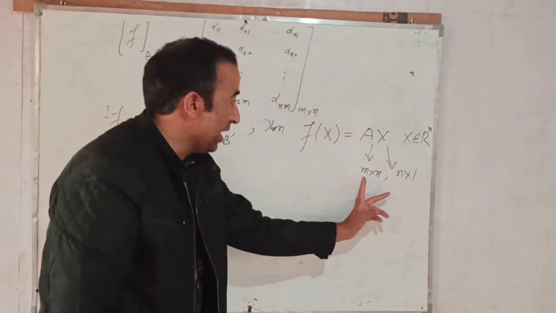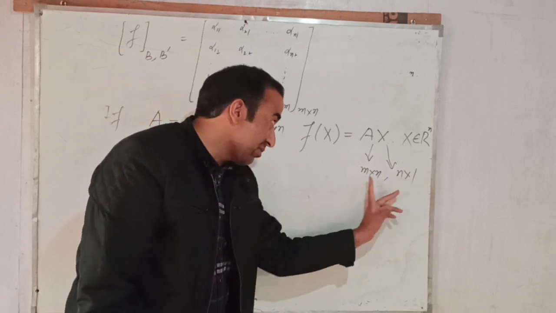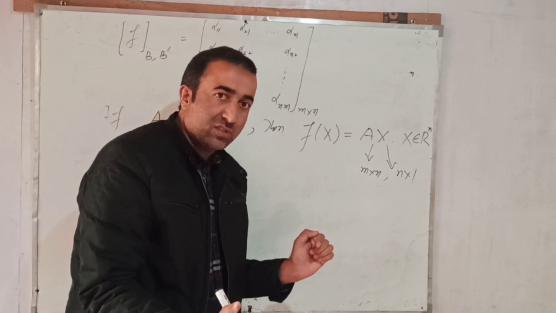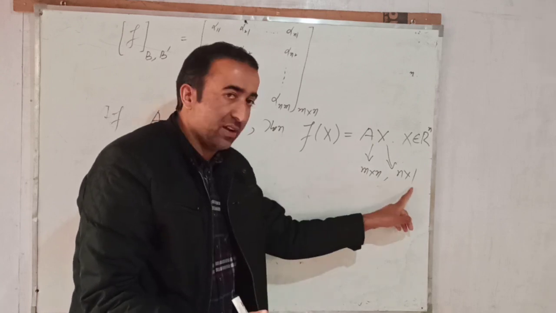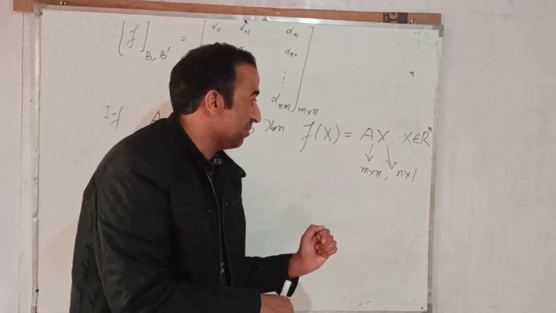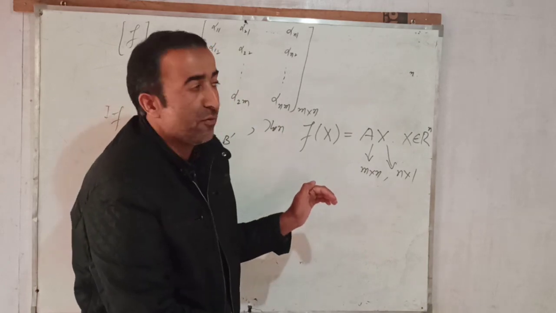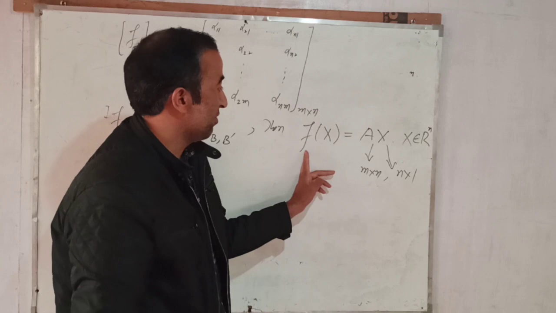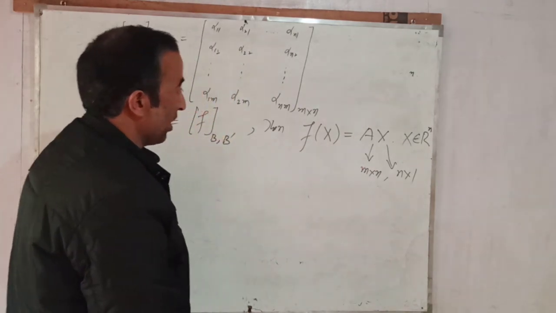So the product will be m cross 1. But m cross 1 means m rows and only one column, so you can say an m vector. That m vector will belong to Rm as expected, because f is a function from Rn to Rm.